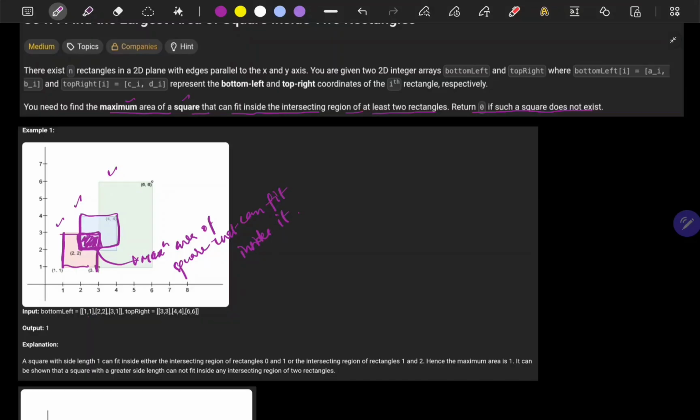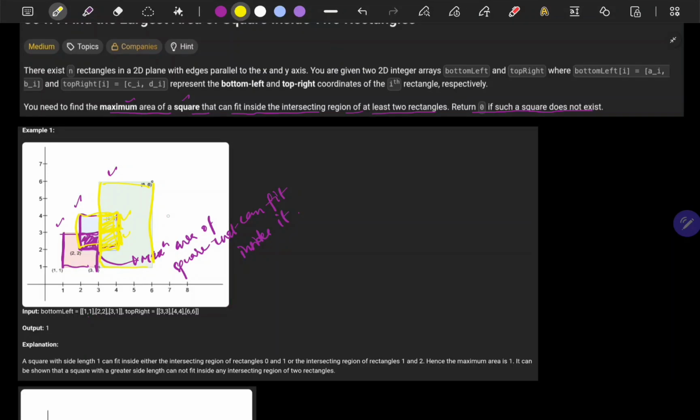If you understood, same way, if we see this one and this rectangle have this area as common. This complete region is not a square, but how many squares can we fit? We can fit two squares, each with one unit only.